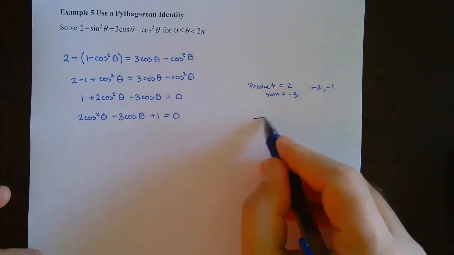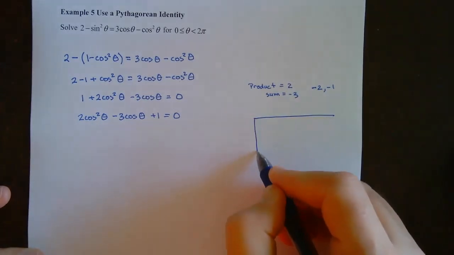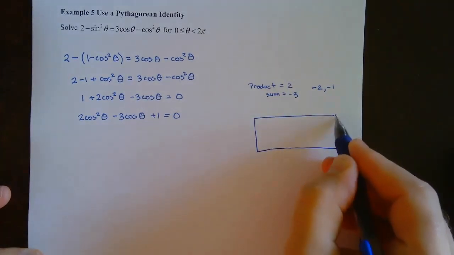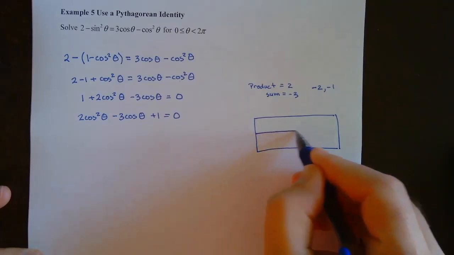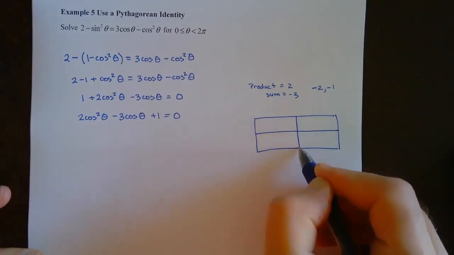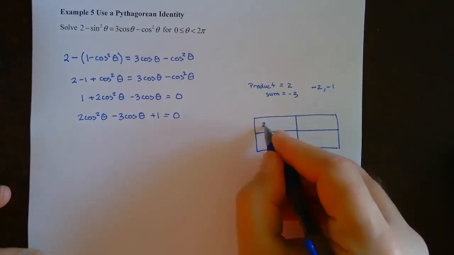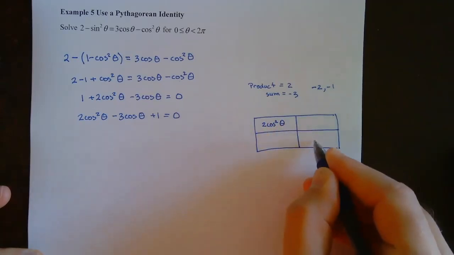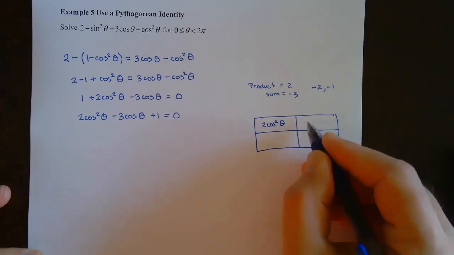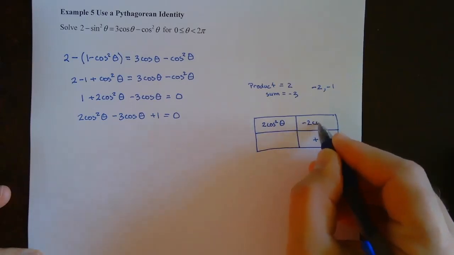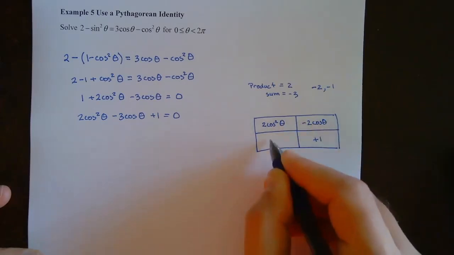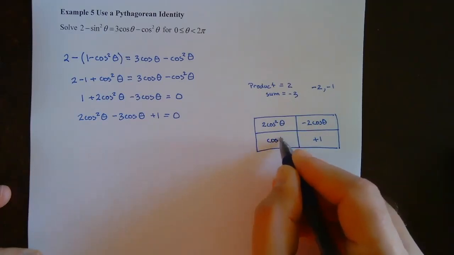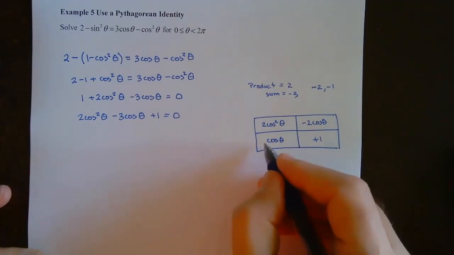Okay, so again, we're going to need to draw a large or a long area model. Okay, so this would be 2 cosine squared theta. This would be plus 1. Here we would have a -2 cosine theta. And here we'd have a negative cosine theta.